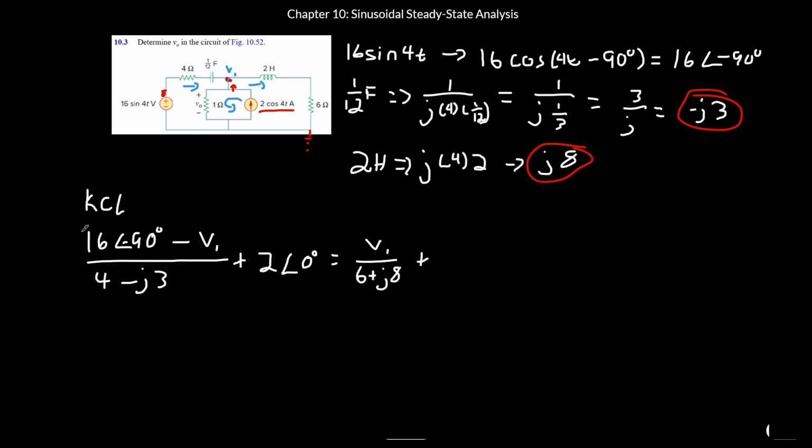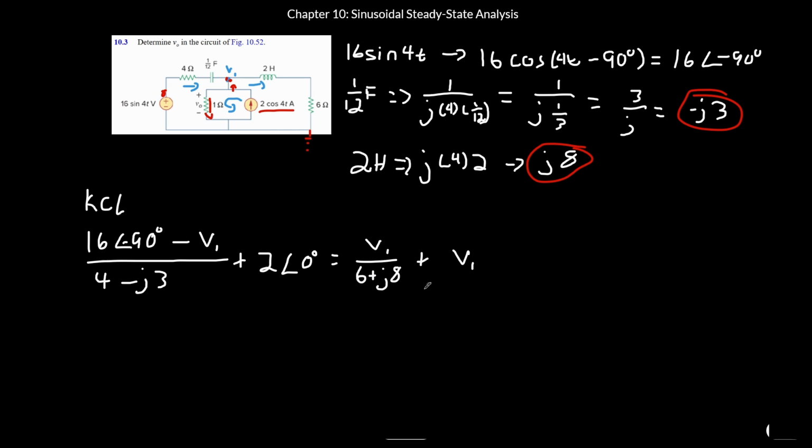We can also add on this right side the resistance this way, as this is going out of the node. And that's just simply going to be V1 over 1, or we could just write V1.